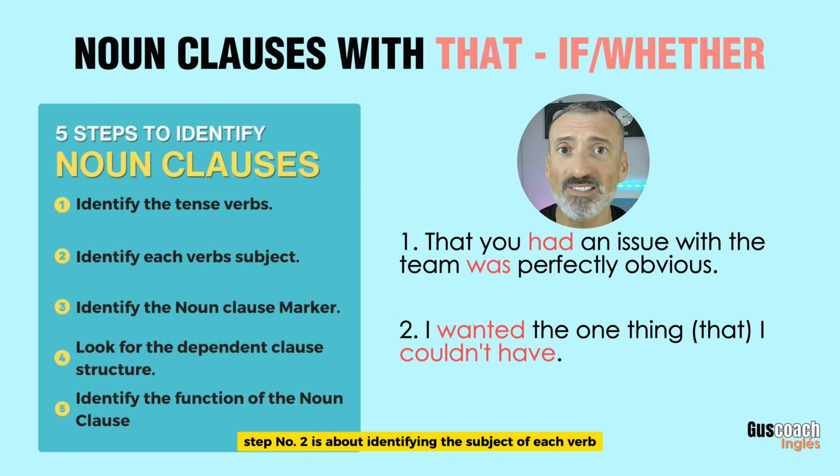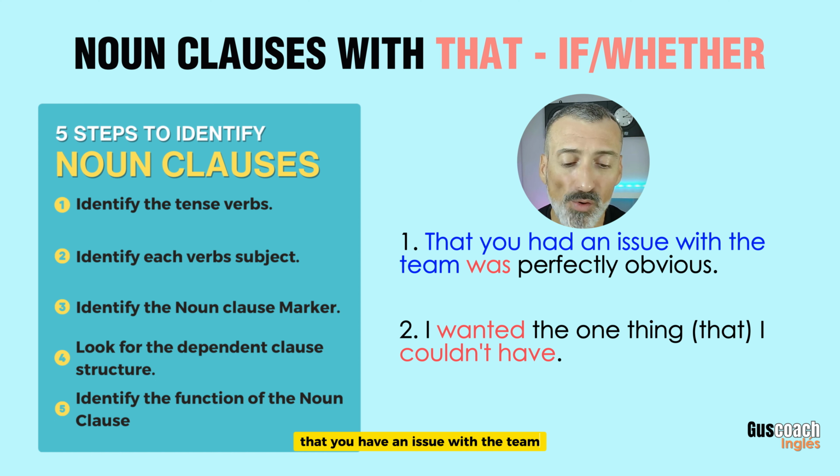Step number 2 is about identifying the subject of each verb. The subject for the verb had in sentence number 1 is you, and the subject for the verb was is actually the noun clause that you had an issue with the thing. The noun clause is acting here as the subject of the verb was.